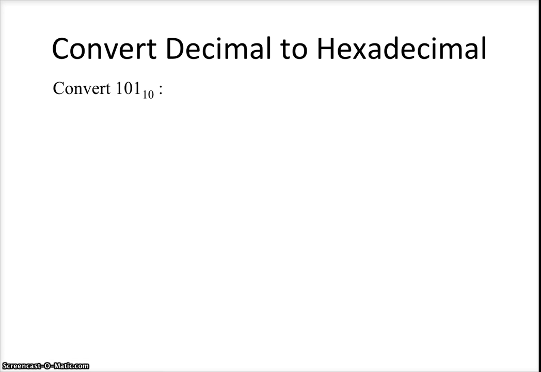So one way, possibly one of the fast ways to do it, is to convert it to binary, and our binary number, if I remember right, was 1100101.